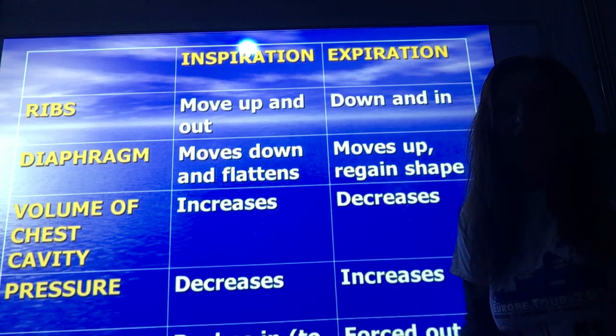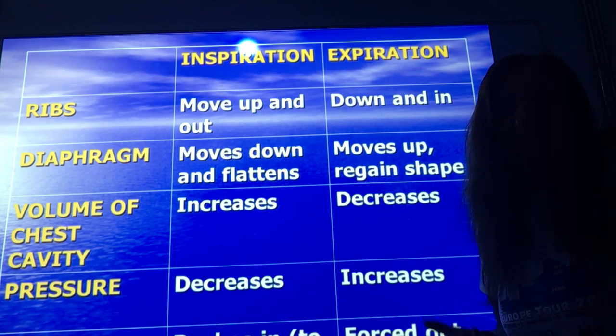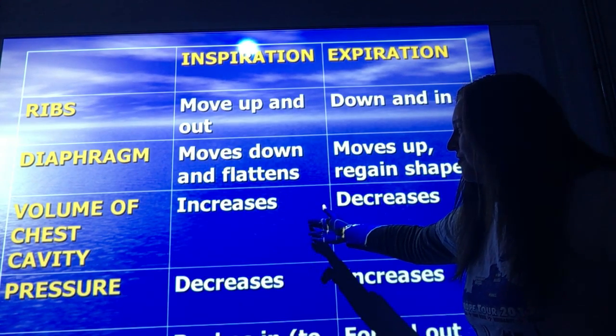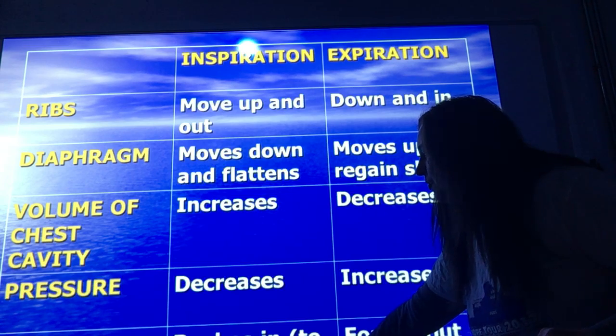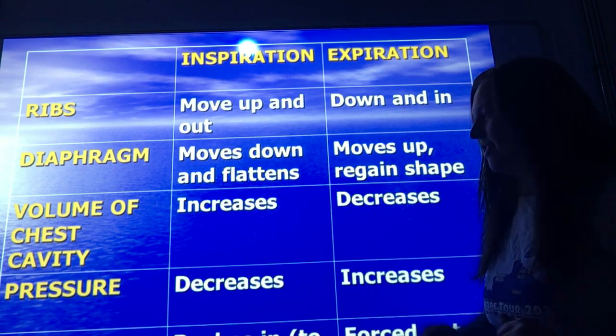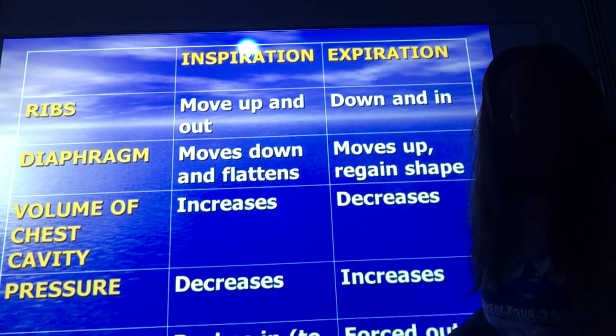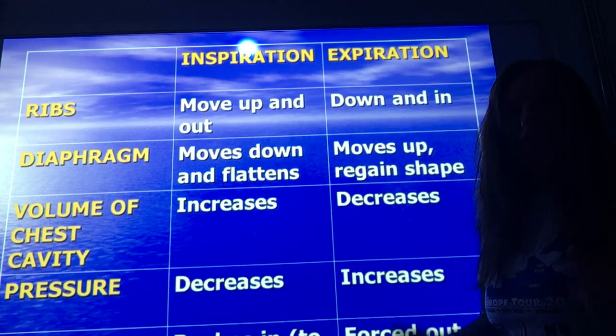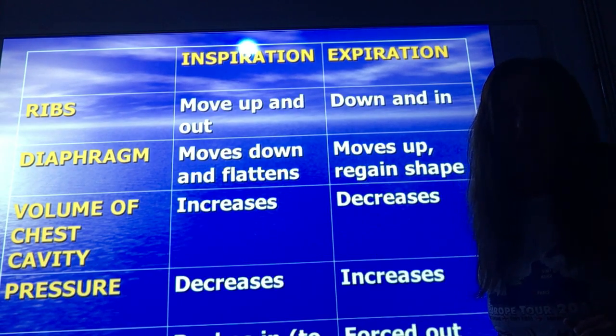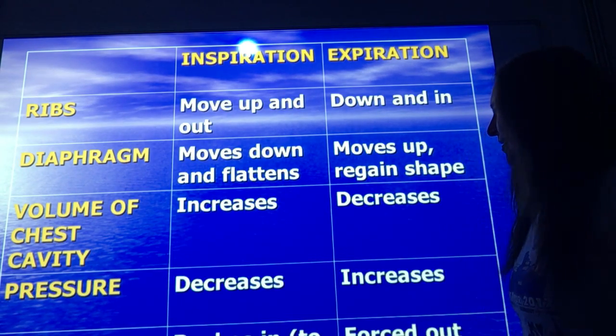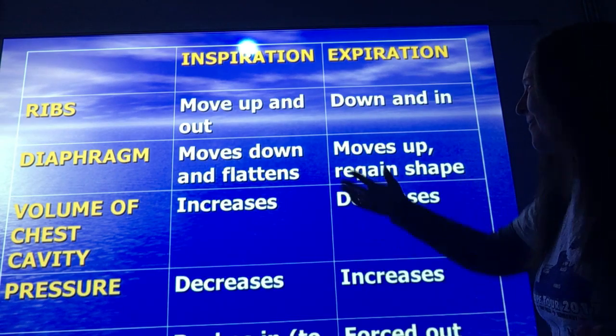This whole breathing in and out is based on equalizing pressure. Because the pressure decreases, air rushes in to equalize it. Your body does Boyle's Law on its own automatically, every time you breathe in and out. Even if you didn't take Chemistry 30S, your body knows Boyle's Law. That's what happens when you breathe in.